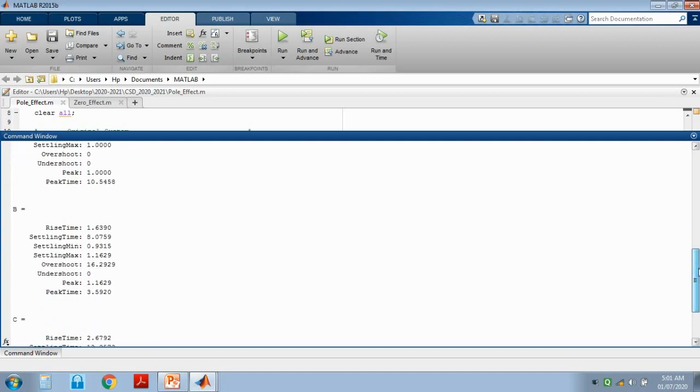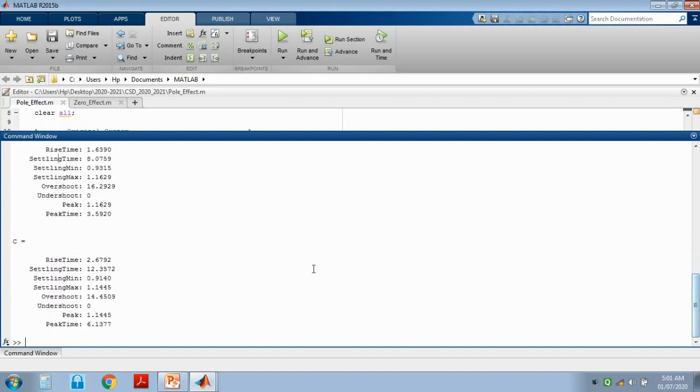Similarly, all these parameters are observed for the second system, that is k upon s into s plus 1, and for the third system, that is k upon s into s plus 1 into s plus 2. All these parameters are mentioned in the PowerPoint presentation, so let me switch to it first.